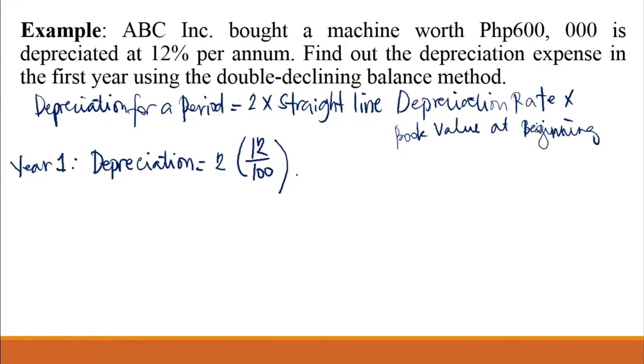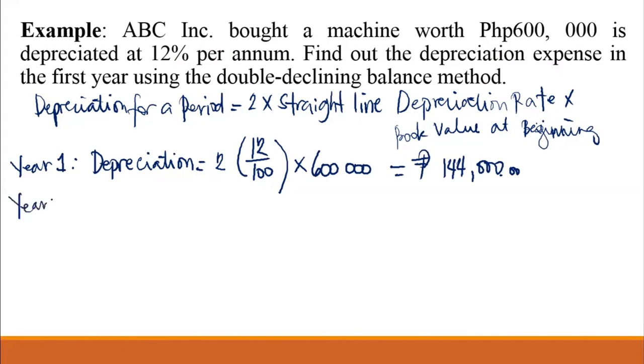So, ano ba yung book value? 600,000. Tama? Ayan. So, yung machine na worth 600,000 pesos. So, in year 1, the depreciation is equal to 144,000 pesos.